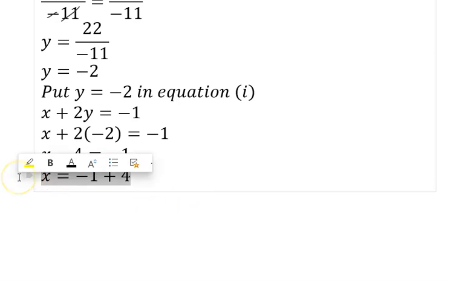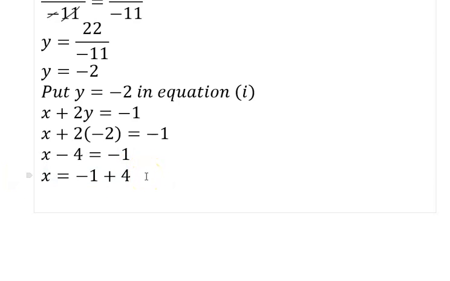So minus 1 plus 4 is just like saying x. It's just like saying 4 minus 1 to give us what? 3. So that's our answer. Our x is 3 and our y is minus 2. Very easy. That's the substitution method.